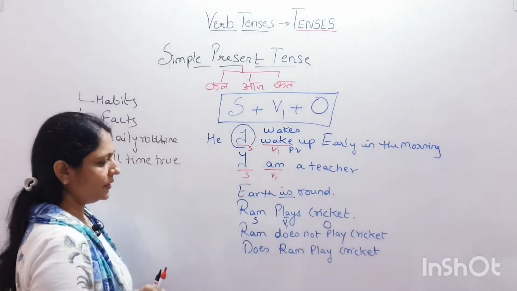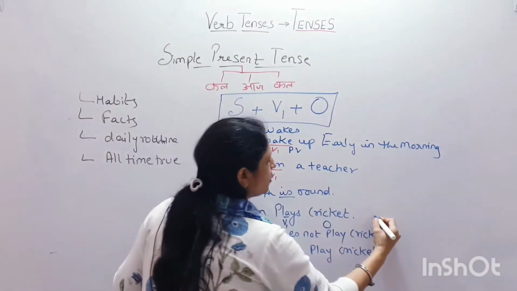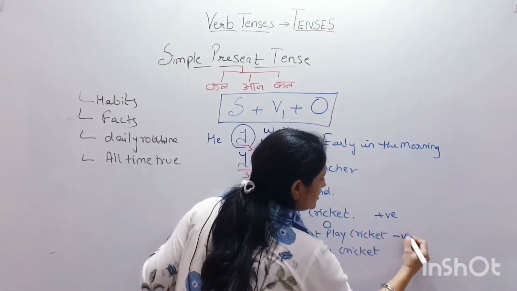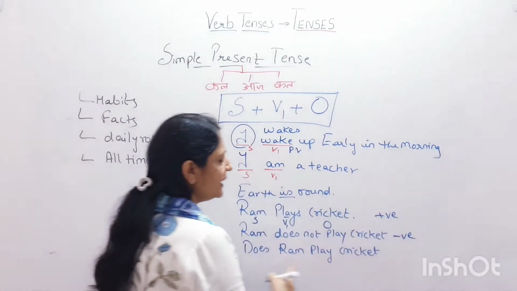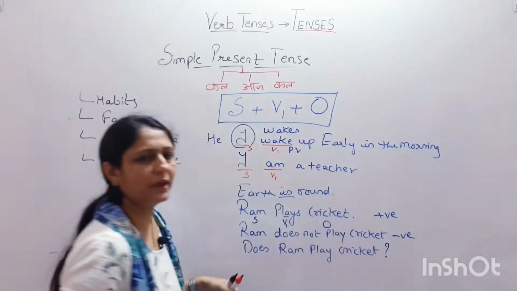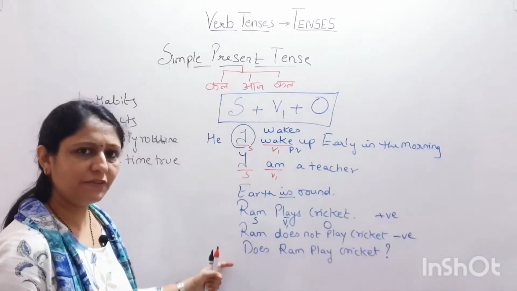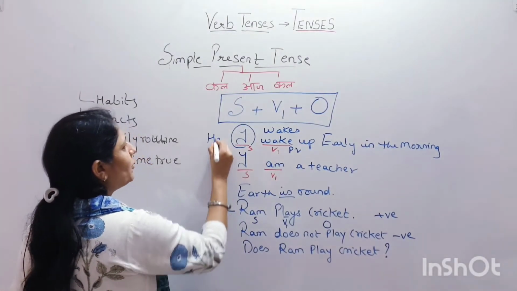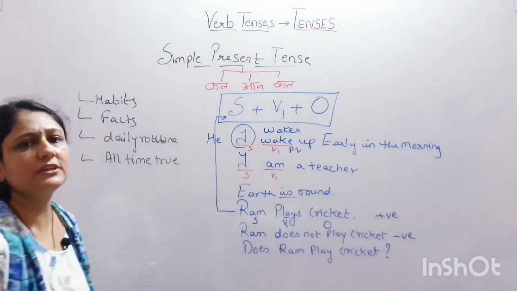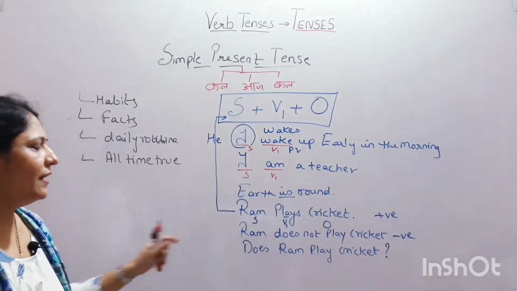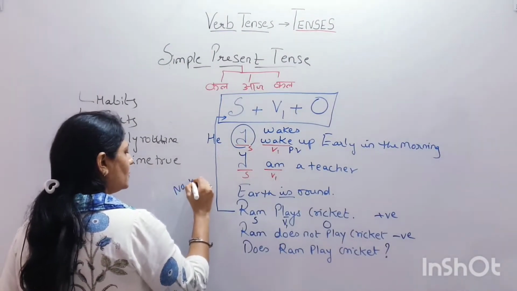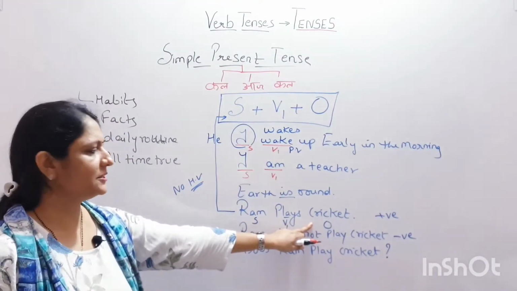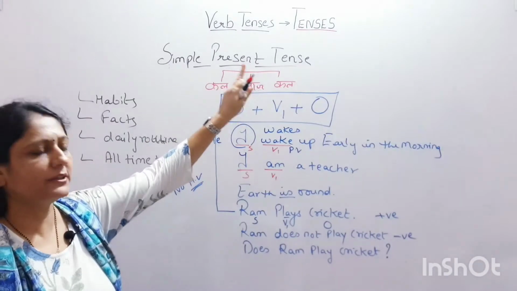Okay, now have you seen, this sentence was the positive sentence named affirmative sentence. This was the negative sentence and this is an interrogative sentence. The only difference in these sentences is that only affirmative or positive sentences follow this formula. That means there is no helping verb in the affirmative or positive sentences of simple present tense.